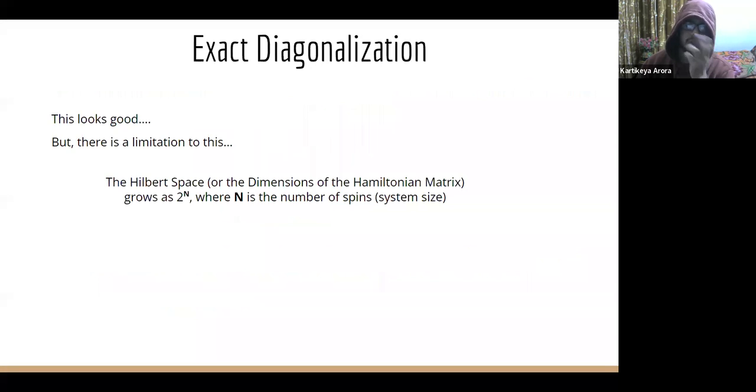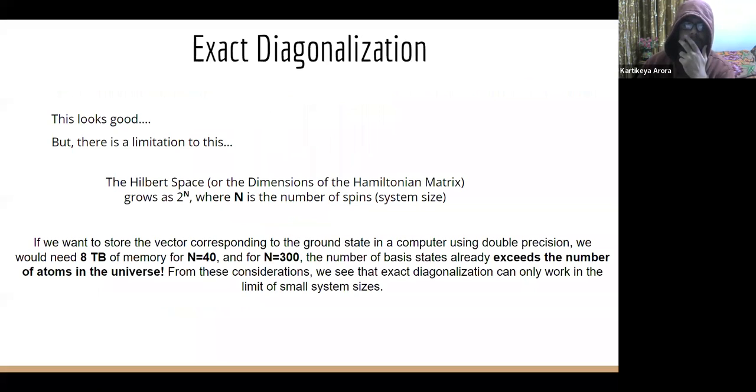Now, this looks good, but there is a limitation to this. The Hilbert space, or the dimension of the Hamiltonian matrix, if you may, grows as 2 raised to the power n, where n is the number of spins or the system size. Now, it turns out that for only 40 particles, we need around 8 TB of memory to store the information of the ground state only.